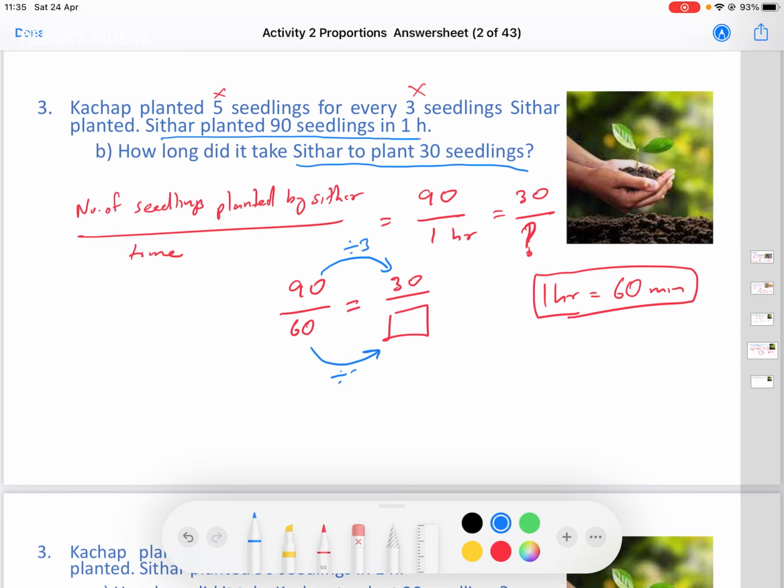Therefore, 60 divided by 3 is 20. Answer. Sithar took 20 minutes to plant 30 seedlings.